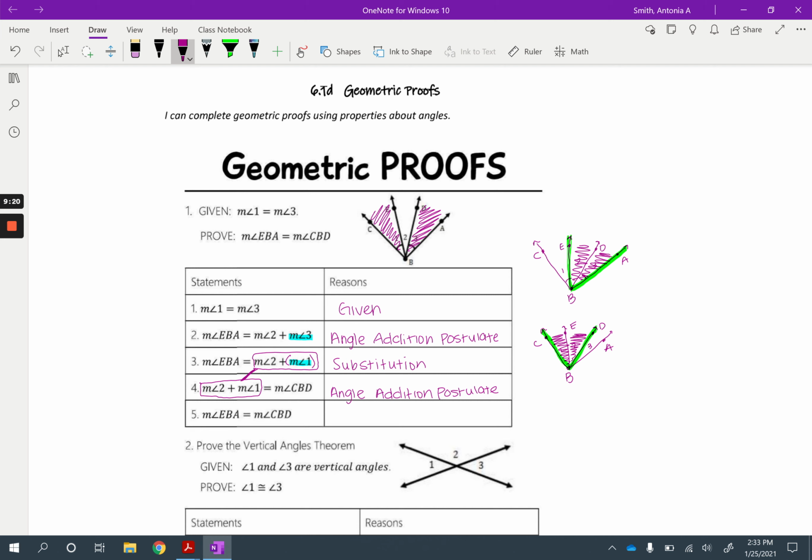So since EBA is equal to this statement and CBD is also equal to this statement, that means that EBA and CBD have to be equal to each other. Okay, and that property you learned a really long time ago, you may have forgotten that this was even one of the properties you knew. Okay, but it's called the transitive property.